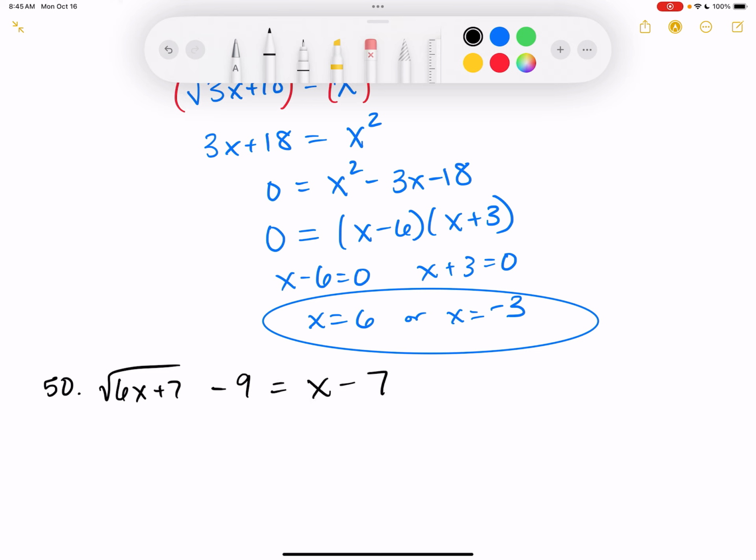Alright, so before I do anything, before I square both sides, I need to move that 9 over to get the square root by itself. So the square root of 6x plus 7 is equal to x and then negative 7 plus 9, so that's going to be plus 2. Now, square both sides.